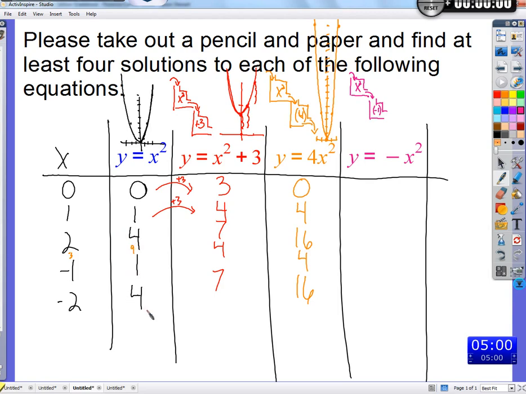But you take those x squareds and multiply them by a negative. 0 times negative is still 0. But 1 times -1 is -1, 4 times -1 is -4, 1 times -1 again, -1, and we get -4, 4 times -1 is -4.